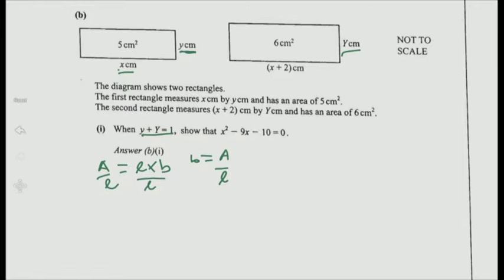So in this case, you can write that breadth there, y, in terms of x there. So your breadth y will be the area 5 divided by the length x there. So that's the breadth of rectangle 1 in terms of x there.